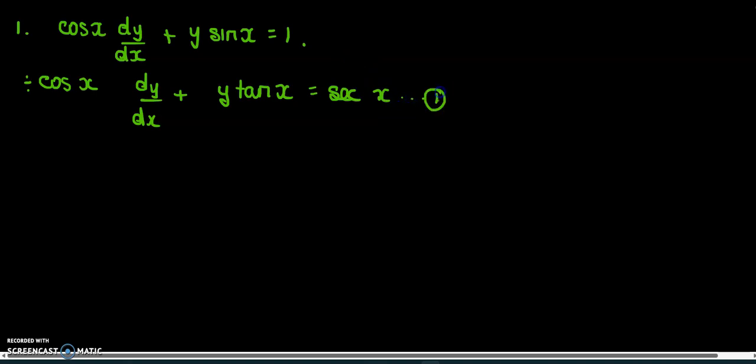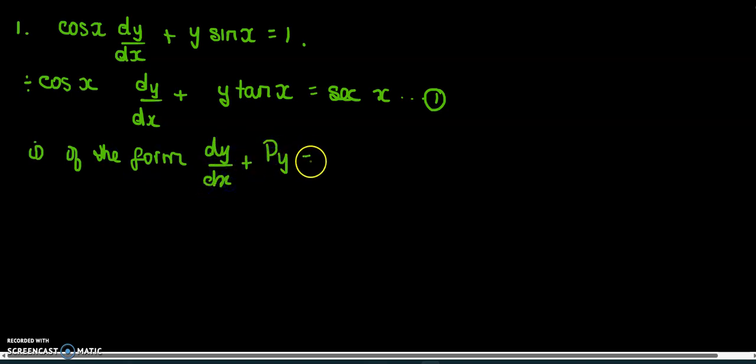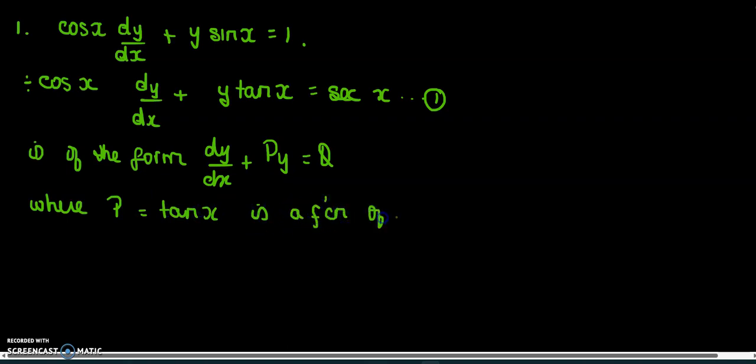It was equation 1. And this is of the form dy/dx plus py is equal to q, where p is equal to tan x, a function of x only, and q, which is equal to sec x, is also a function of x only.